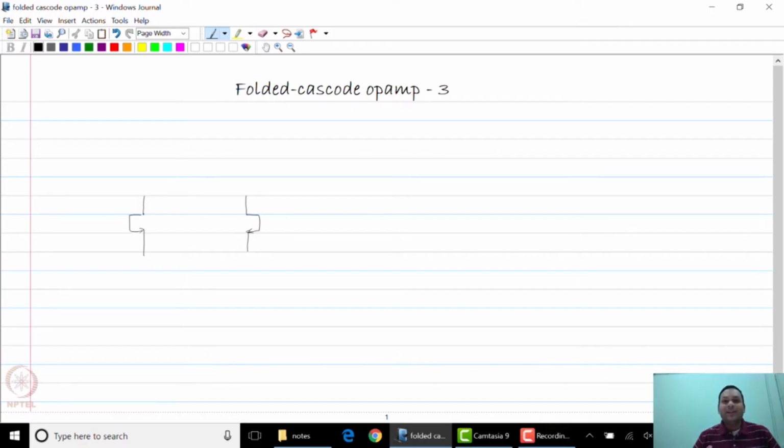When you move to a differential amplifier type of structure, the two transistors will be joined together to form a differential pair, as shown here.